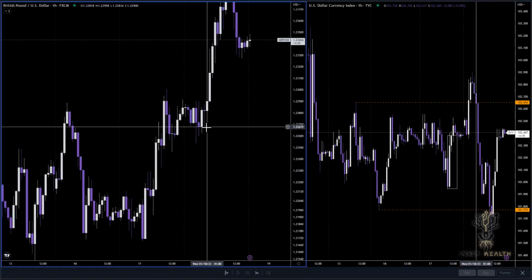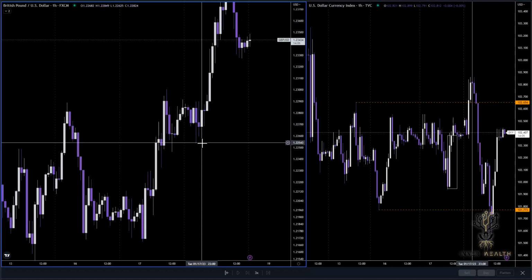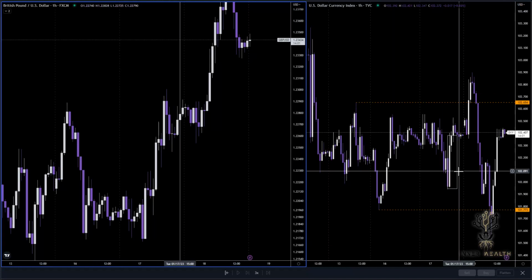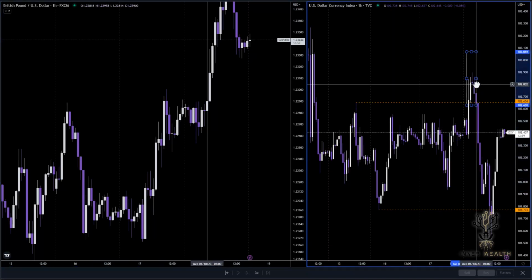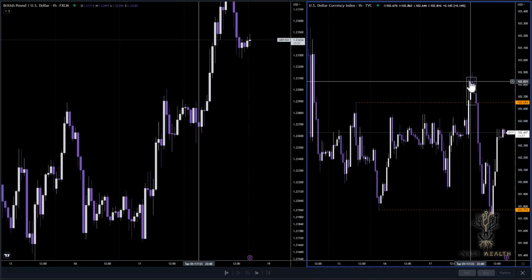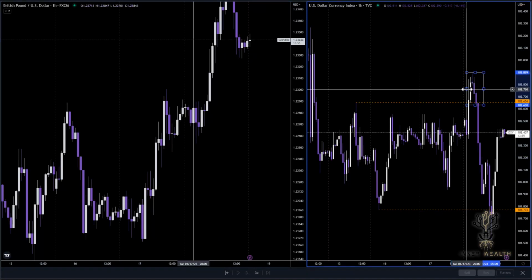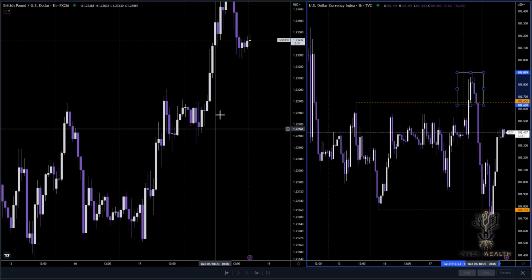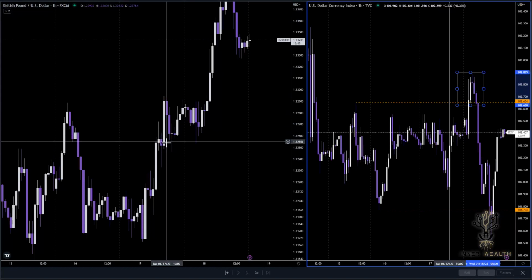And then when GU was ready to go long again, DXY the next day was ready to go short and support GU's strength, or the pound's strength.